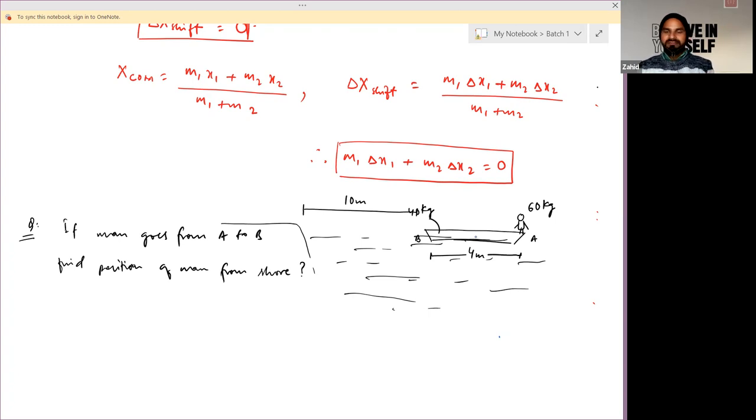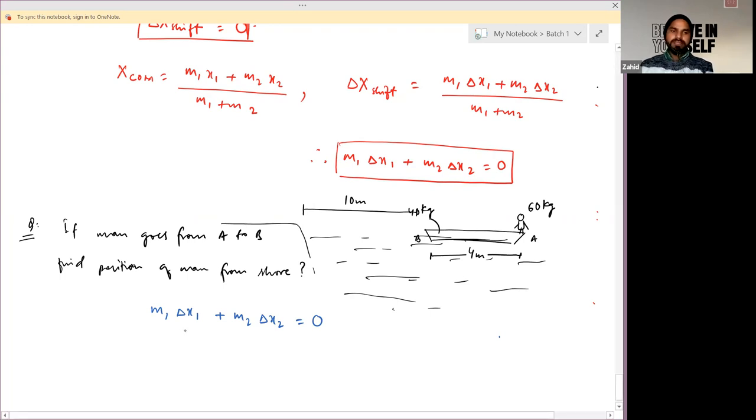So if the man goes from A to B, this will be your action. In return, the boat will slightly shift towards the right in reaction so that the position of the center of mass remains at its own position. Since in this part there is no external force, the shift in center of mass will be 0. So m1 delta x1 plus m2 delta x2 equals 0.